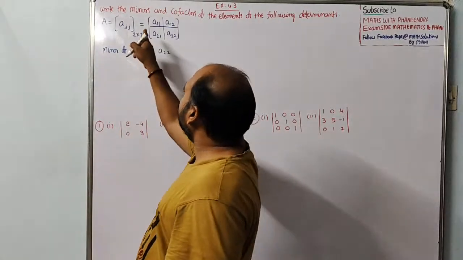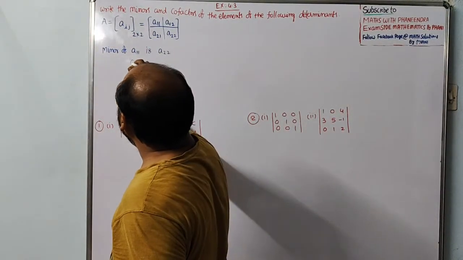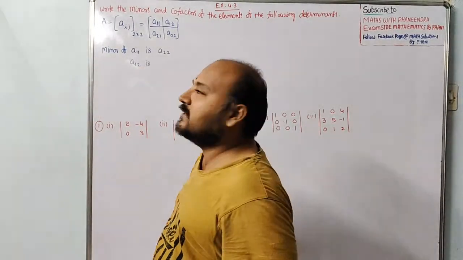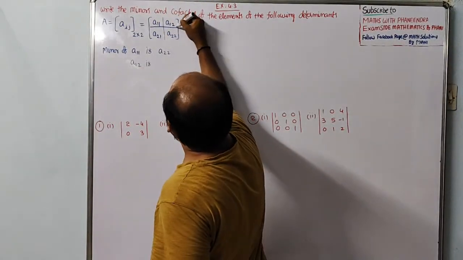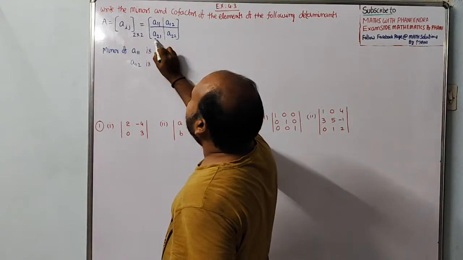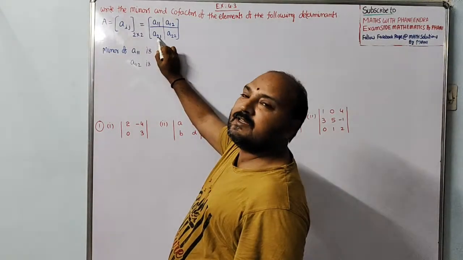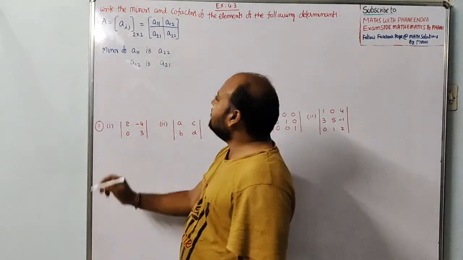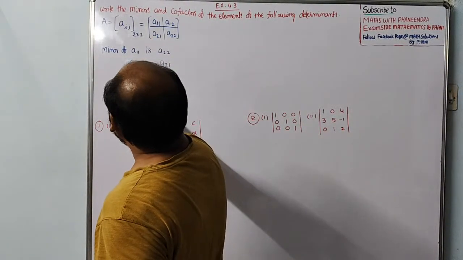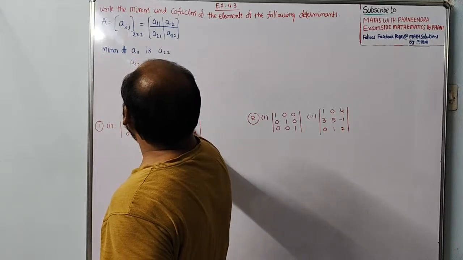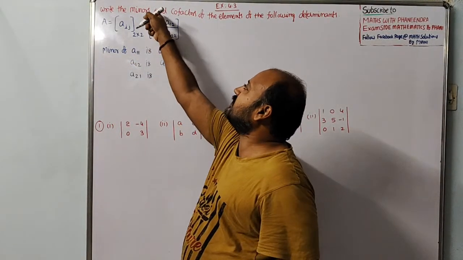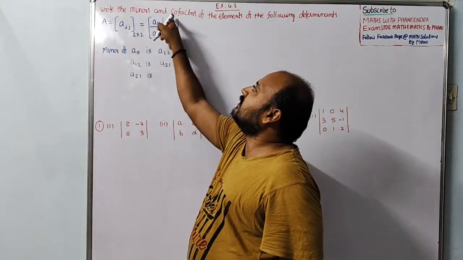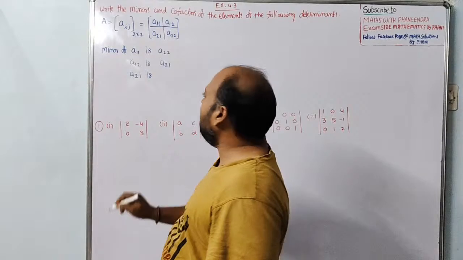Can you tell what is the minor of A12? We are eliminating this row and this column, so A21 is the minor. Similarly, the minor of A21, that means second row, first column element: if you remove this row and this column, A12 is remaining.